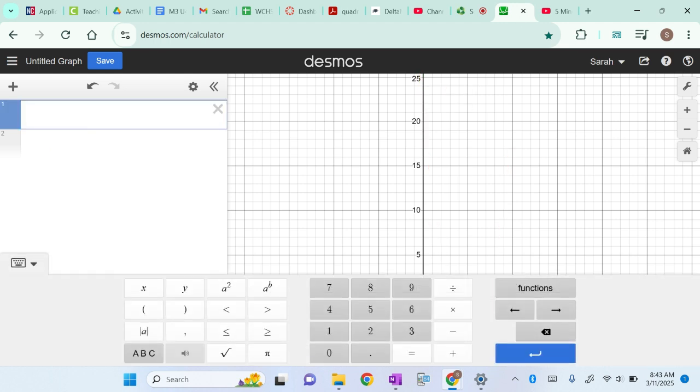So remember, replace f of x with y equals. Or if you type f of x, it'll still work.